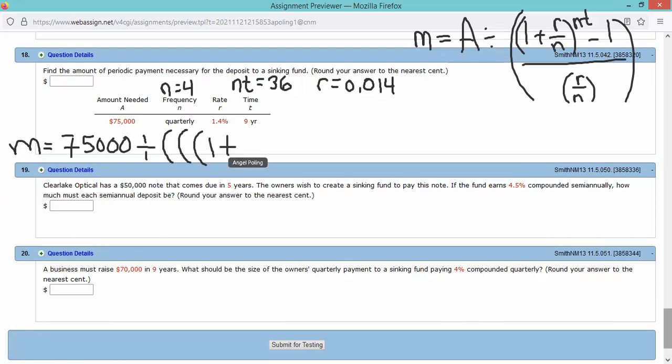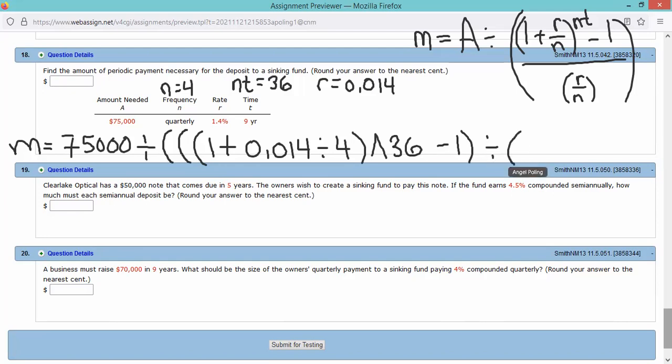1 plus 0.014 divide by 4 in parentheses, caret 36, subtract 1 in parentheses, divide by parentheses 0.014 divide by 4 and end.